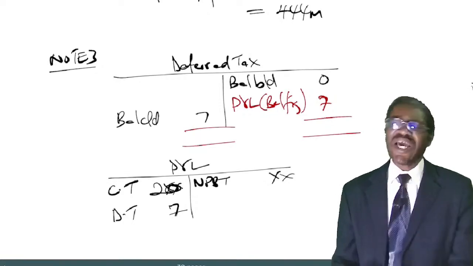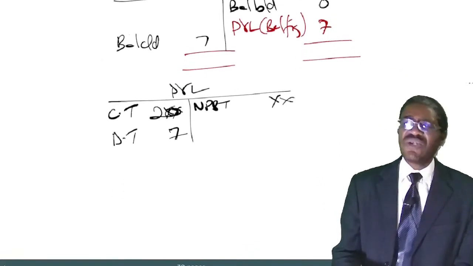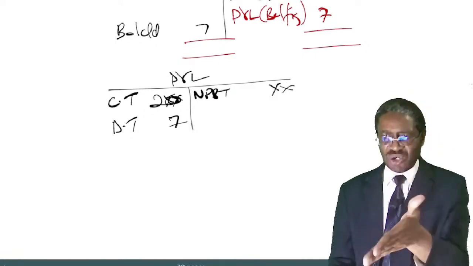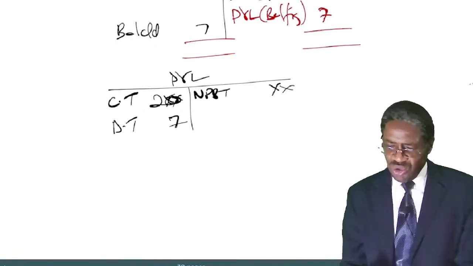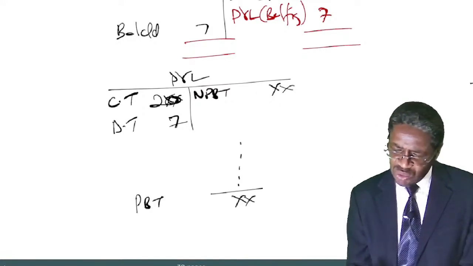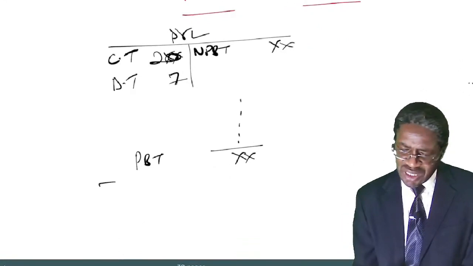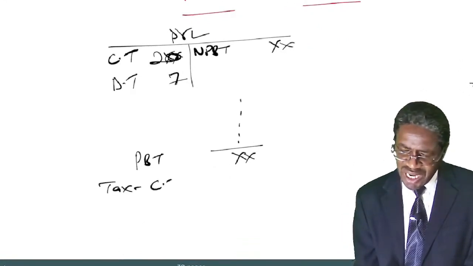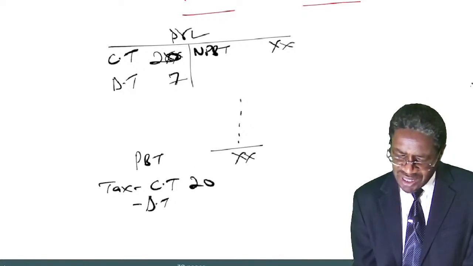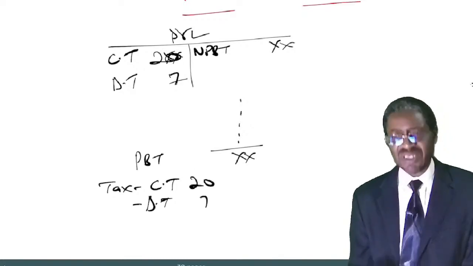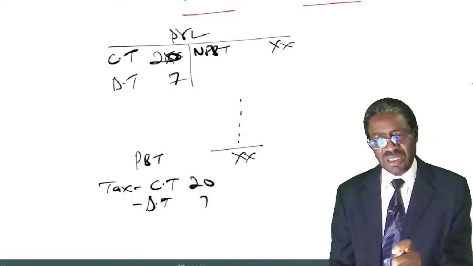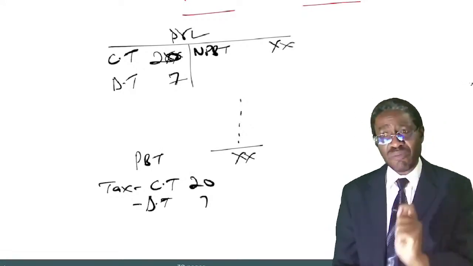Now, I told you we normally don't prepare our income statement in a T format. We prepare it in a vertical format, where you get profit before tax, whatever it is, then you come and say your tax, your current tax, which we know as 20, then your deferred tax. This time it is 7. But the question is, am I adding the 7 to the 20 or deducting the 7 from the 20?